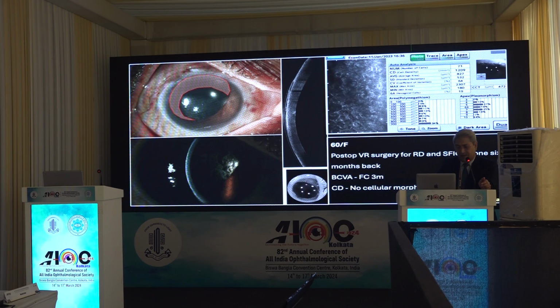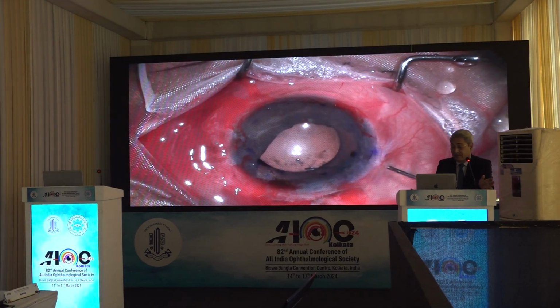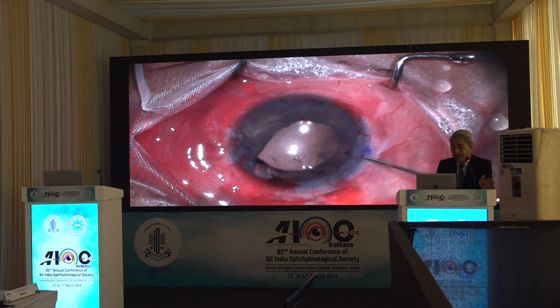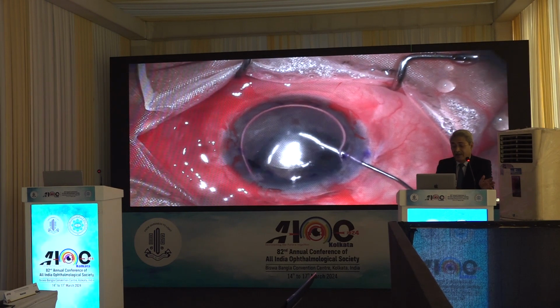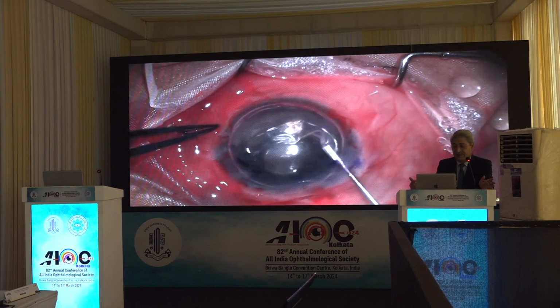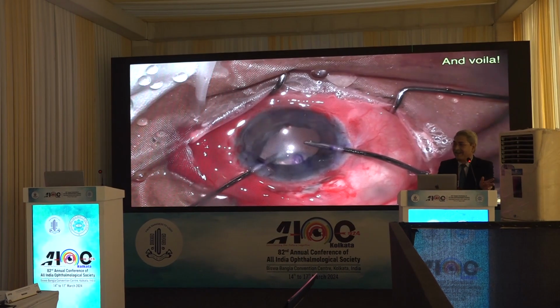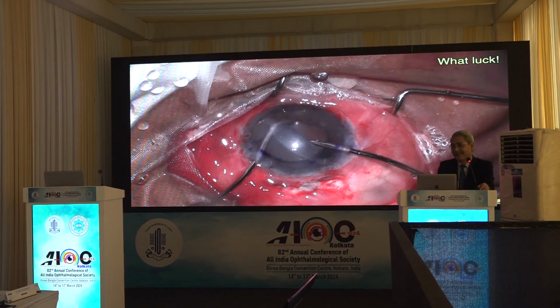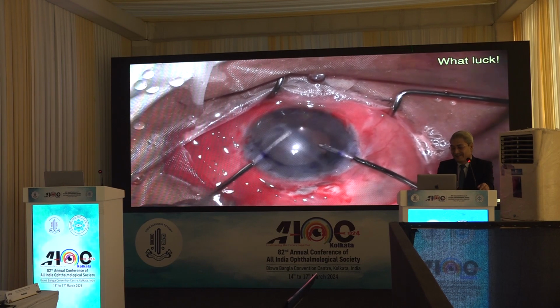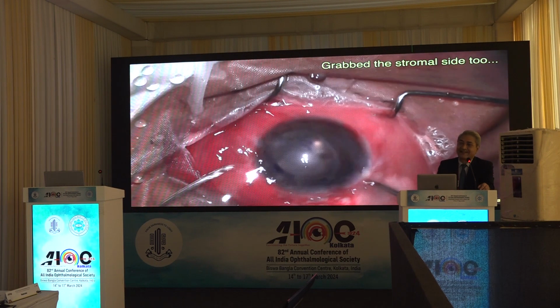There is an SFIOL, and you see the iris defect is there, and the surgeon was Soham, and as usual the AR injection is given. Surprisingly, it opens in the right direction.